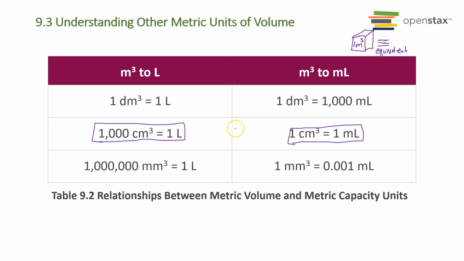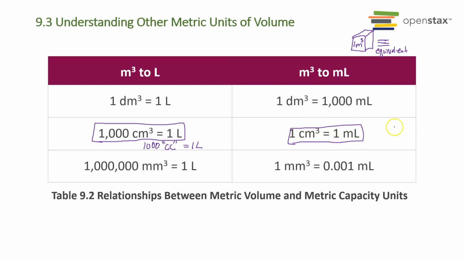These are used a lot in the medical field. If you ever hear the term cc's, like they say we need 5 cc's of something, cc's means cubic centimeters. So 1,000 cc's is equal to 1 liter, or 1 cubic centimeter, 1 cc, is 1 mL, or 1 milliliter.